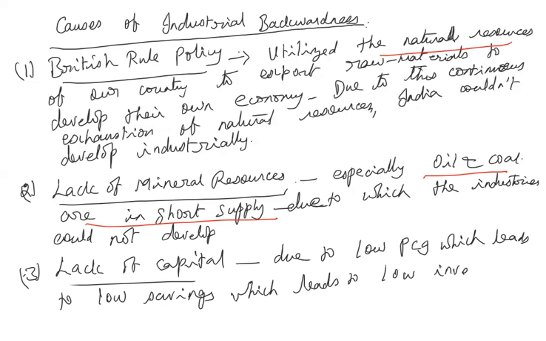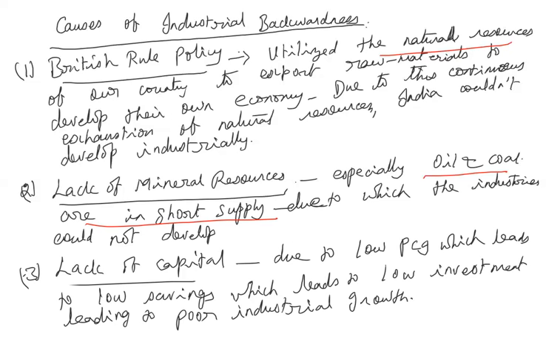Industries require huge investment, not like agriculture. That again leads to poor industrial growth. So one thing acts upon another; everything is a cause and everything is an effect. If industries grow properly, automatically income will be more, savings will be more, and investment will be more. So it is the other way around also.